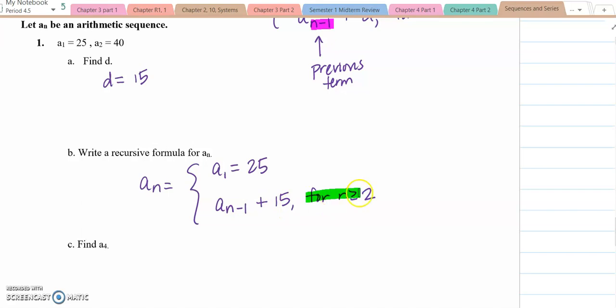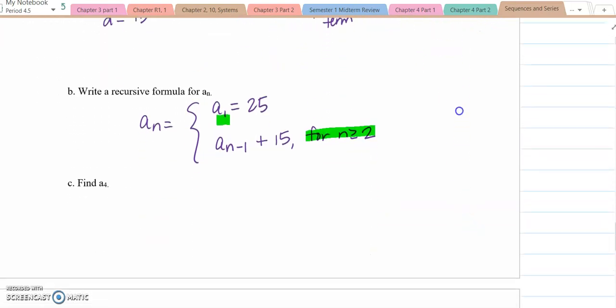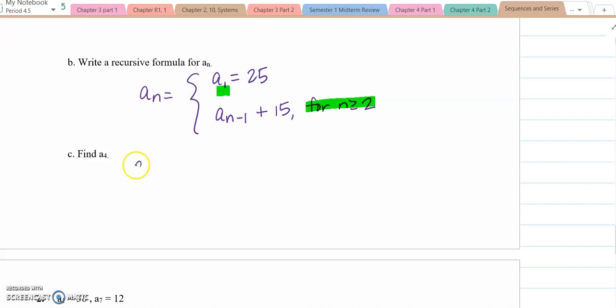This part is equally important because it tells you for what other term numbers you're able to find. If this is your start, the next term that I can find is 2. And that's exactly why I had this up here. A sub 4 is more complicated to find in a recursive formula because you need a sub 3.